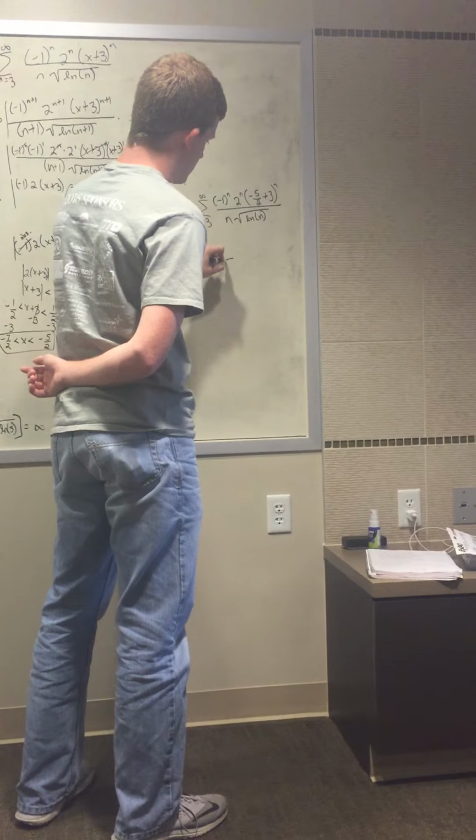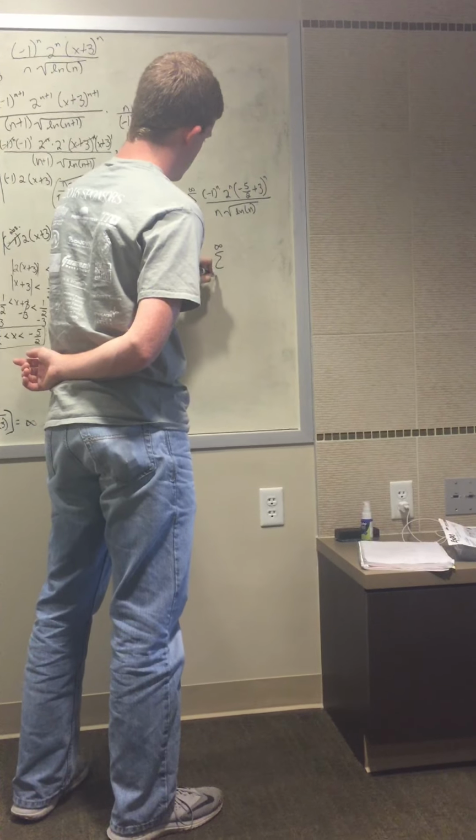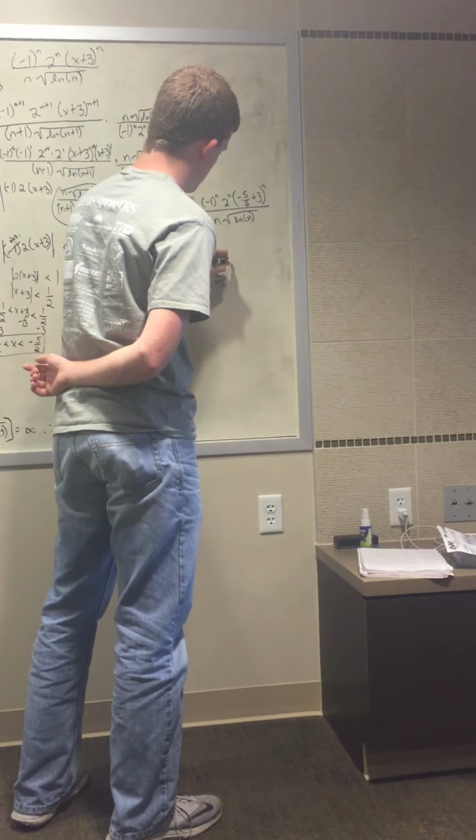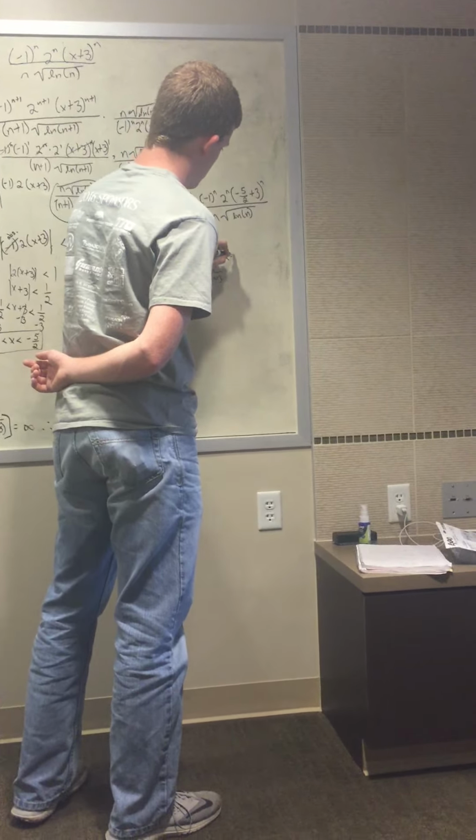And simplifying this, distributing the n through carries the 2^n. 2^n will follow the bottom, 1 to stay on top, times n square root natural log of n. 2^n will cancel.